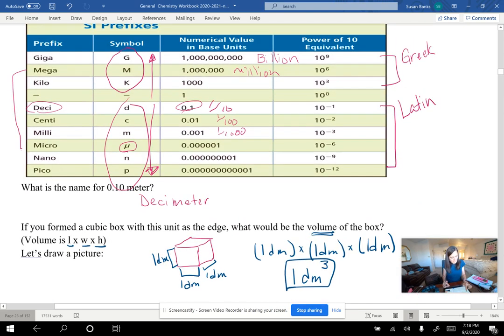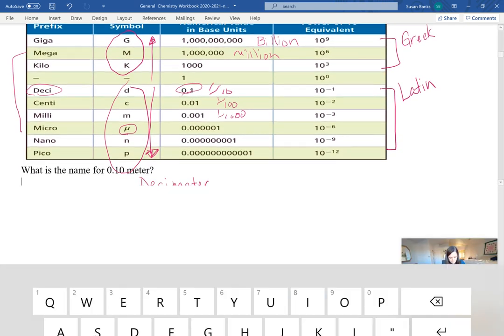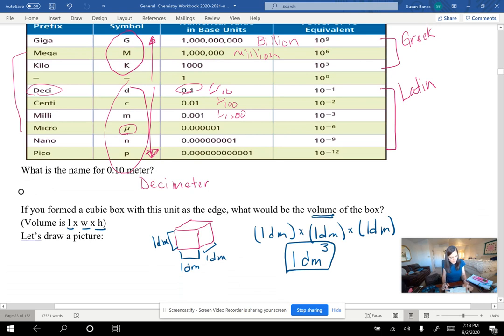Milli is smaller than gram. So remember, gram is our base unit. So our base units will be grams, meters, or liters. Those are going to be the base units that we are going to use this year.